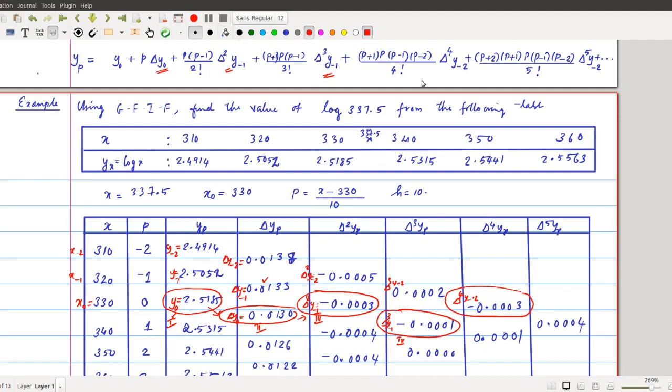And for the fifth term, starting from this, 1 2 3 4 5, the fifth term, that is the fourth order term, we need to collect delta raised to 4 y minus 2. And for the last term we will collect delta raised to 5 y minus 2, that is this value.